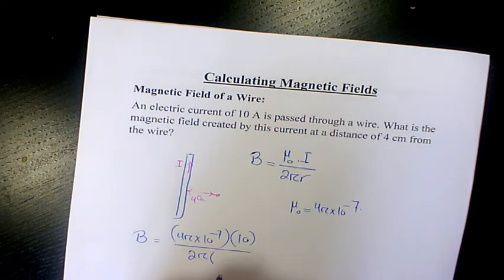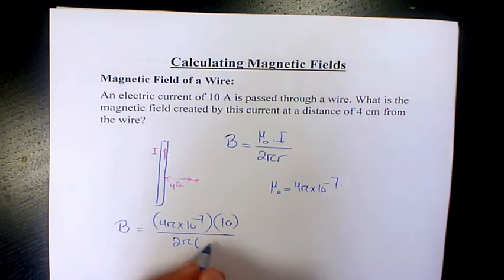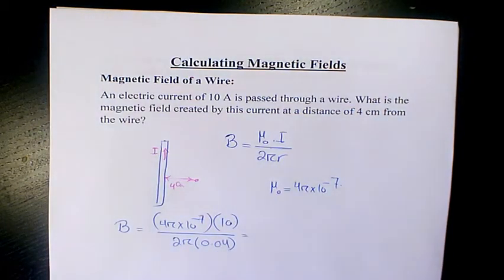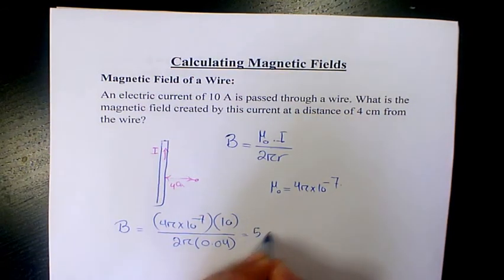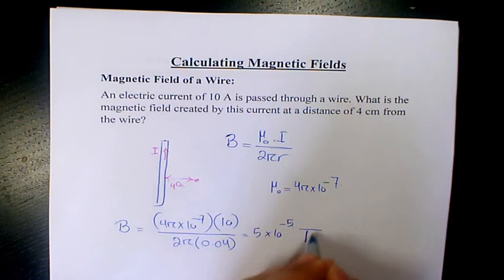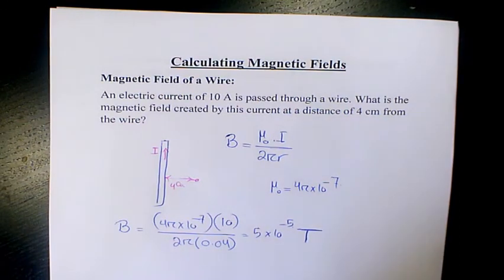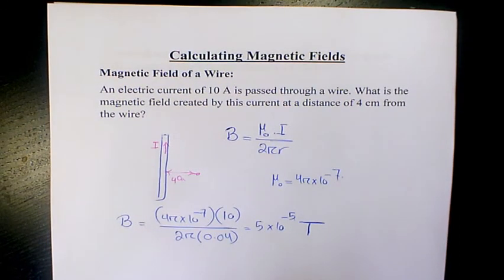So 4 divided by 100 is going to be 0.04. That's going to be 5 times 10 to the power of negative 5, and the unit for magnetic field strength is Tesla.